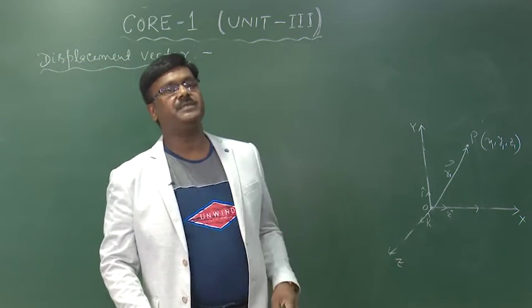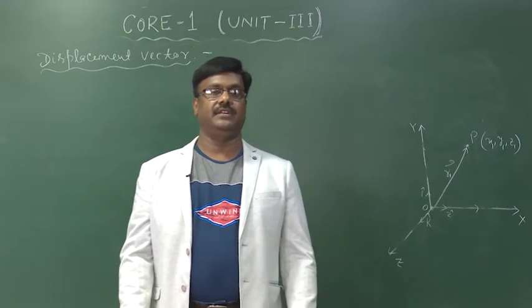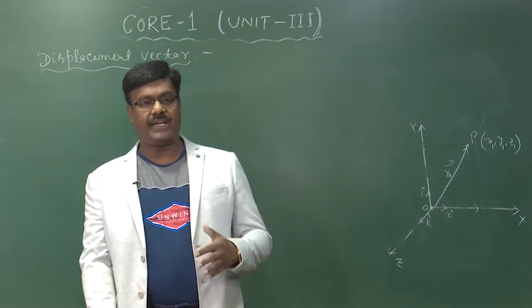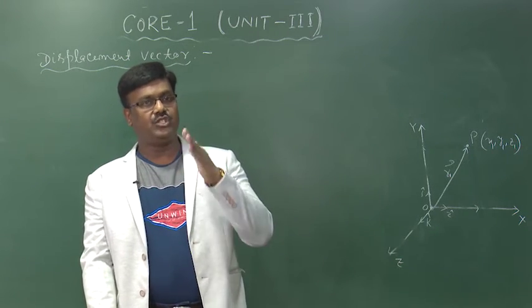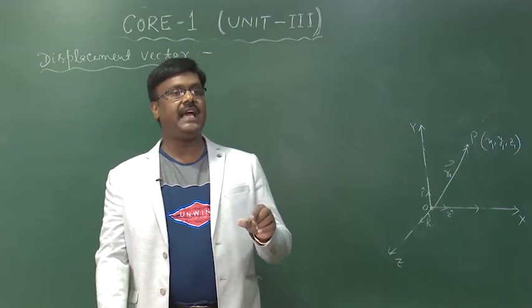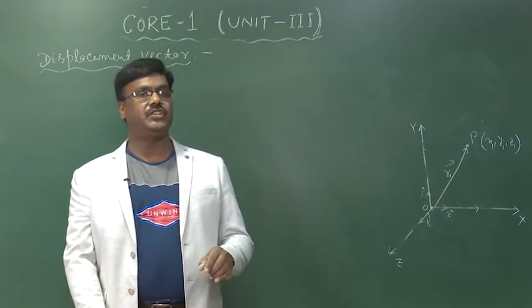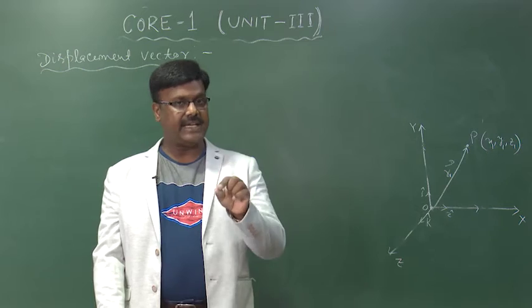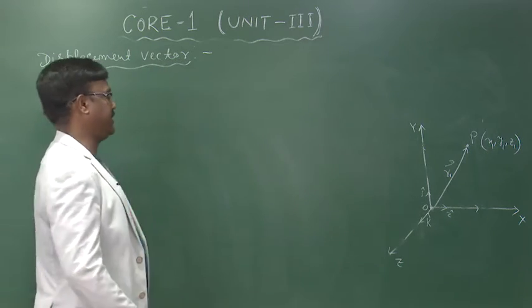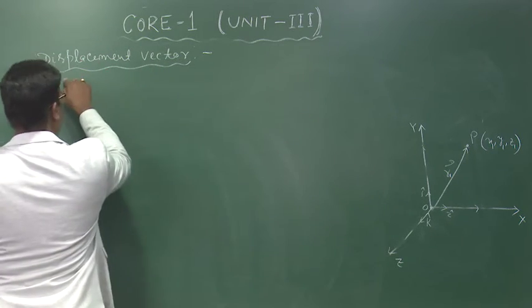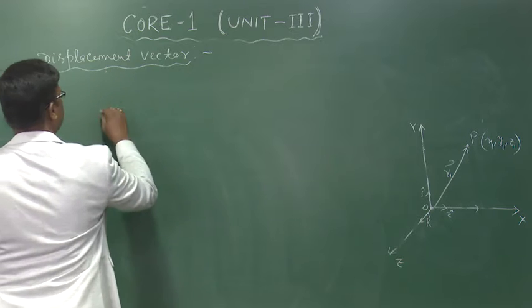What is the displacement vector in Cartesian coordinate system? Displacement vector is the line joining the initial and final positions of the particle and is directed along the final point. So, let us write first what is the displacement vector.